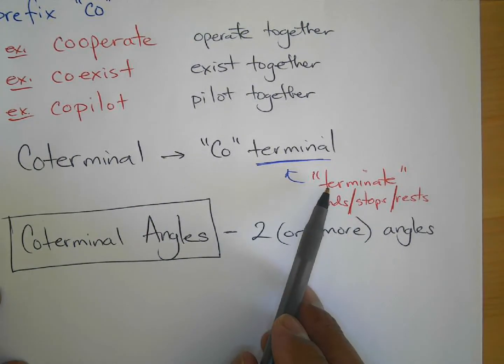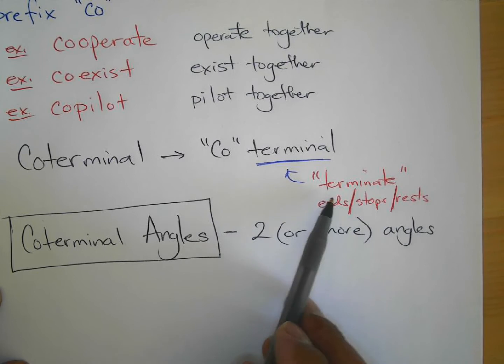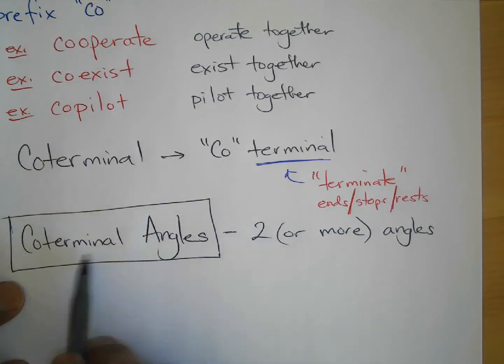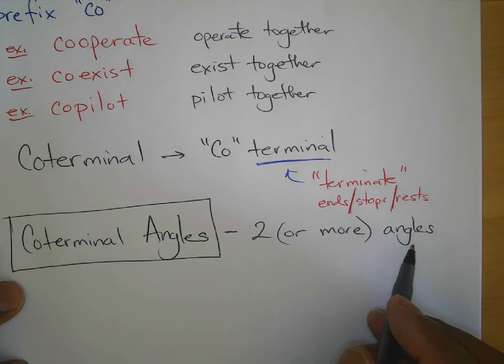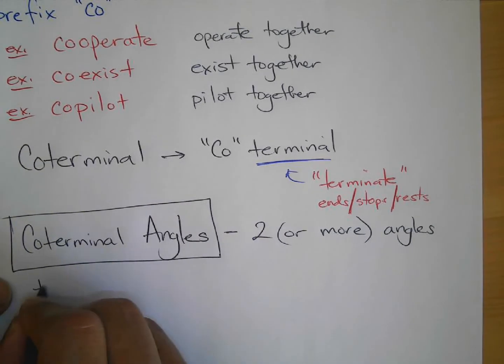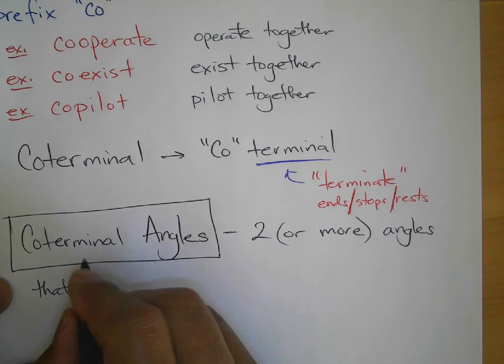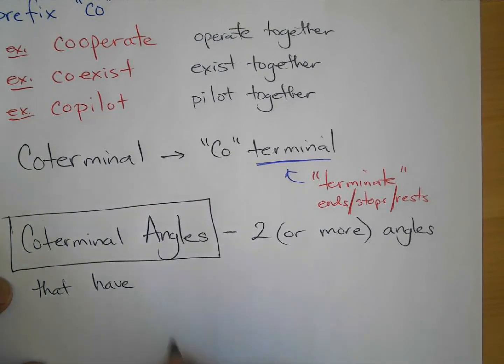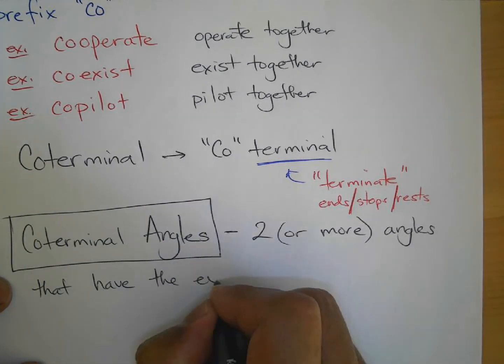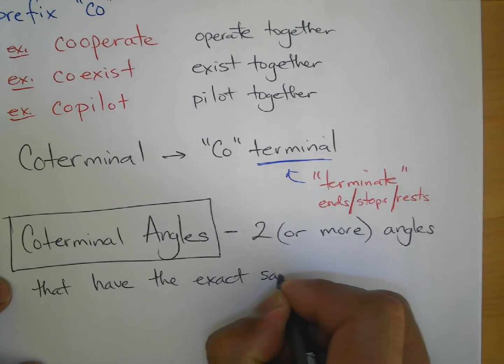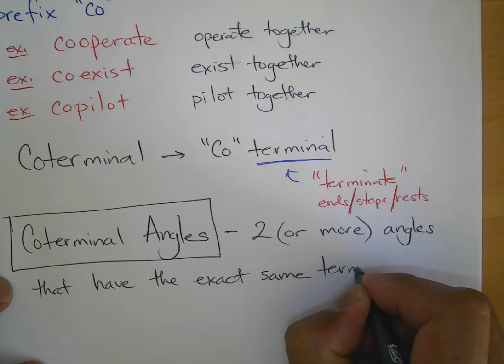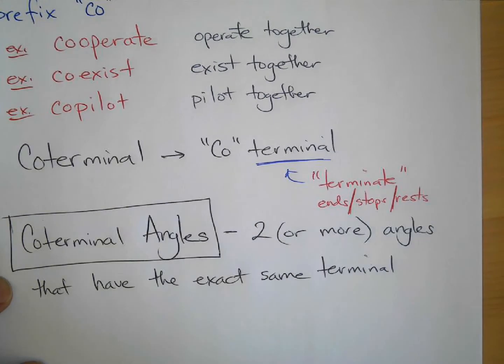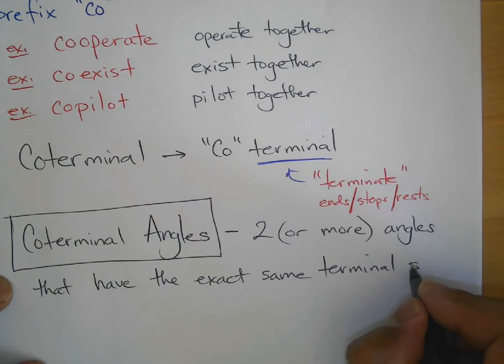And again, what does the word terminal mean? To stop or to end or to rest. Coterminal angles are two or more angles that have the exact same terminal side.